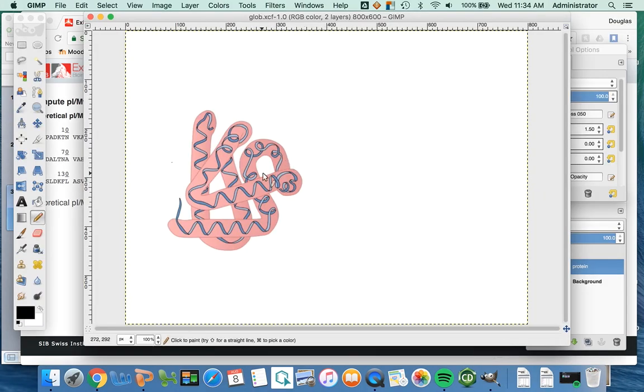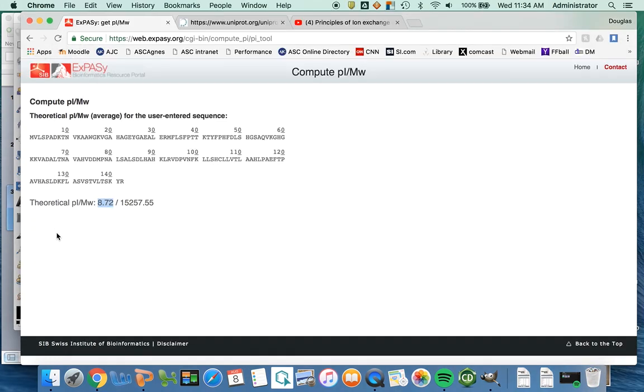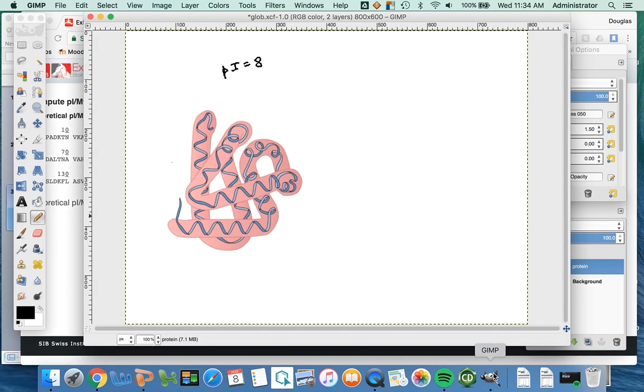Let's say this is hemoglobin, and we're going to try to figure out what's going on with it. Okay, so let's say the pI of this, what was that, 8.72? 8.72. Okay. So at a pH of 8.72, there would be charges on this molecule, right?